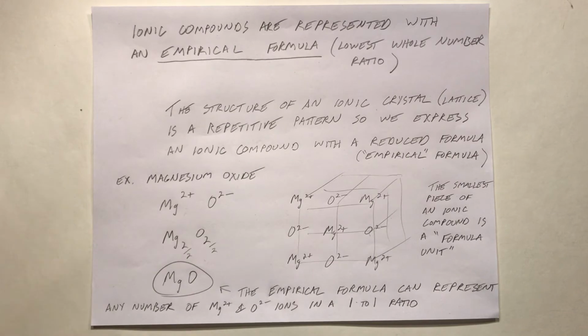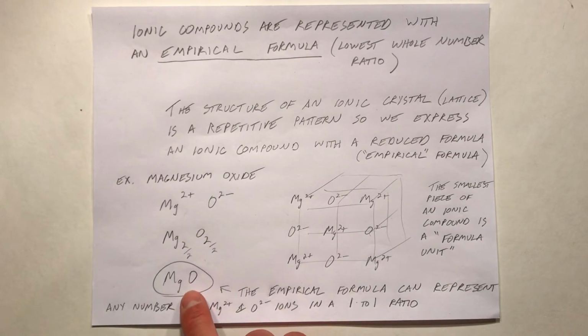But again, it's pretty common practice to be a little loose with that language and use molecule all the time. Now, MgO, the empirical formula, could represent a formula unit, or a whole crystal, or a whole truckload of crystals, as long as we represent any number of magnesium and oxide ions in a 1-to-1 ratio.